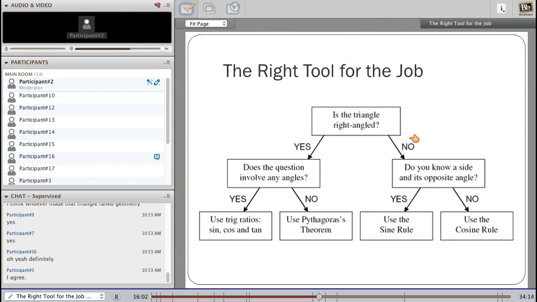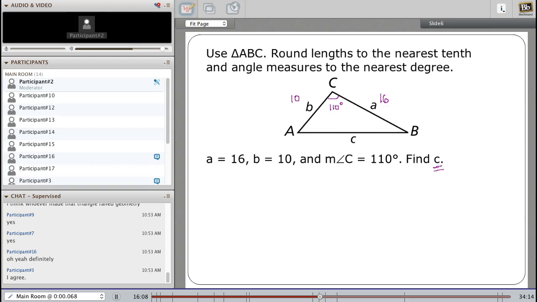Okay, so it's not a right-angled triangle. If you have an obtuse angle in there, I know you might be saying, I don't know if it's a right triangle because I only know one angle, so how could I possibly know these two? But remember, if it's a right triangle, there's no way that the other two can be larger than 90 degrees. It can't be an obtuse triangle and a right triangle at the same time.